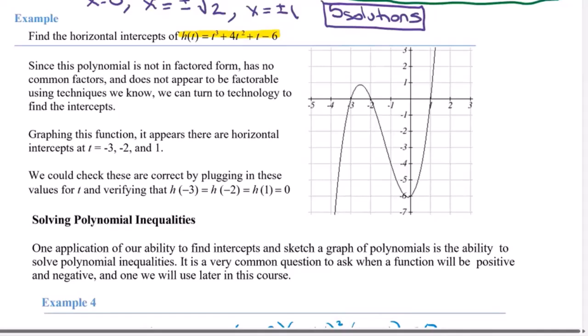Since it's not in factored form, we do need to find some way to graph this. How would we graph this? Well, there's a few calculators out there online, or else you have one in your possession, but there's a Desmos graphing calculator.